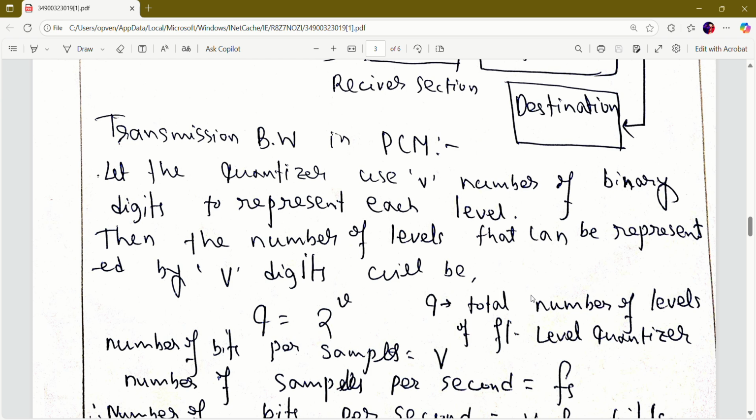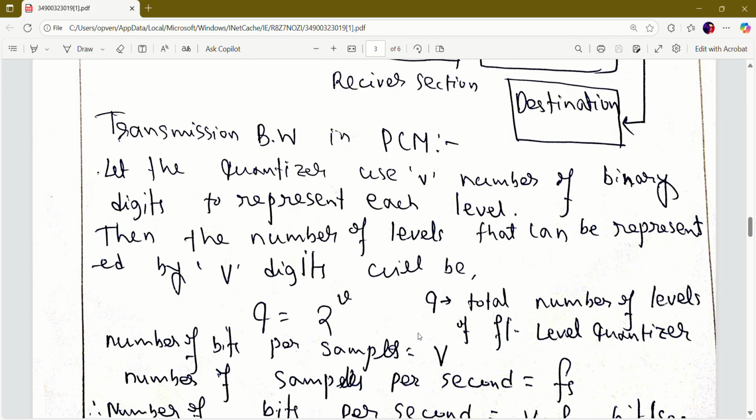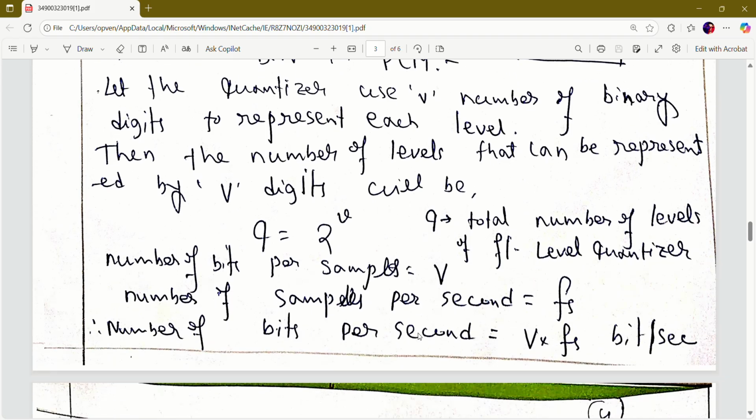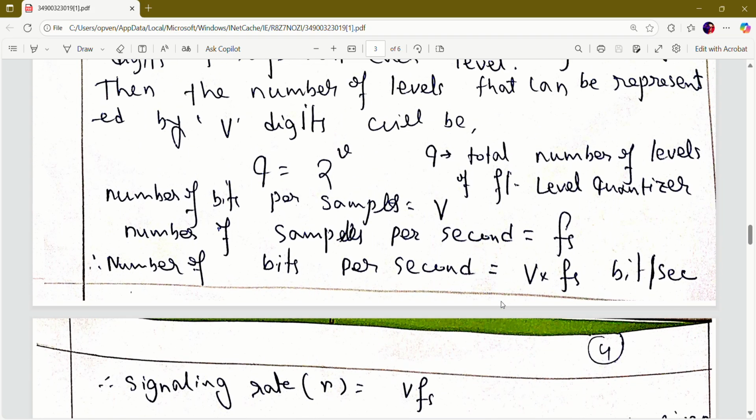Then the number of bits per sample will be v, and the number of samples per second will be fs. Then the number of bits per second will be v times fs bits per second.